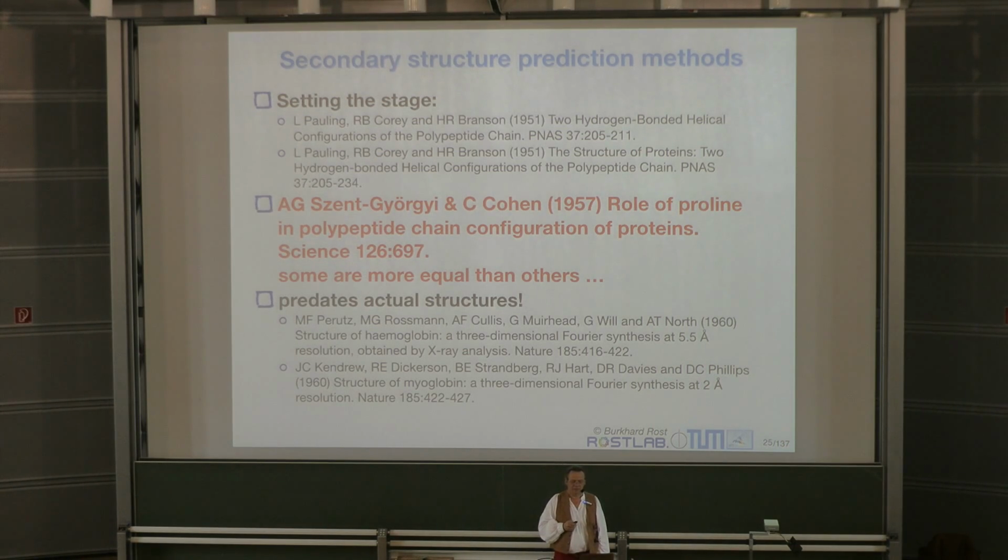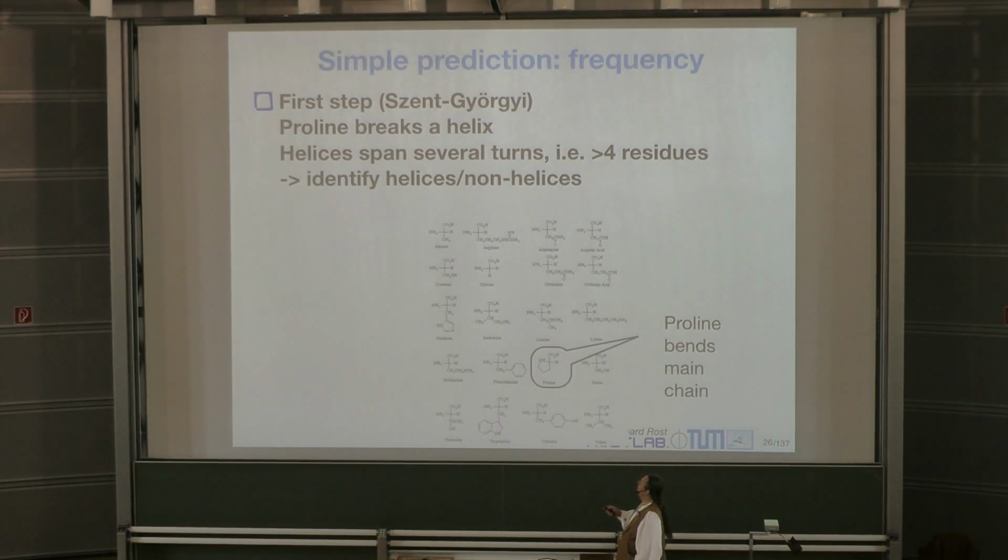And that came from a simple observation, a simple feature of the amino acid called proline. Proline bends the chain. As you correctly observed, in the folding of a protein sequence into a structure, you have two backbone angles for every single residue that are free to rotate.